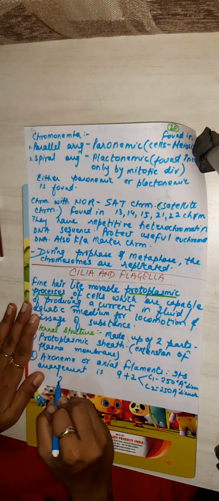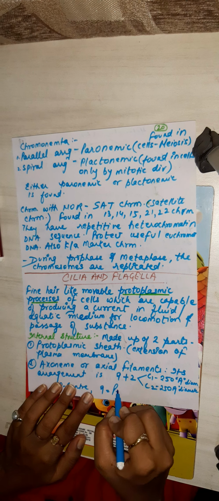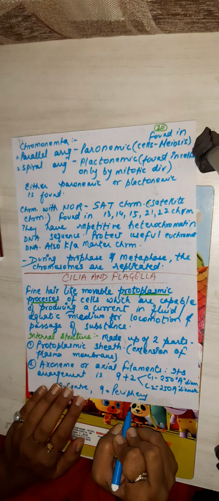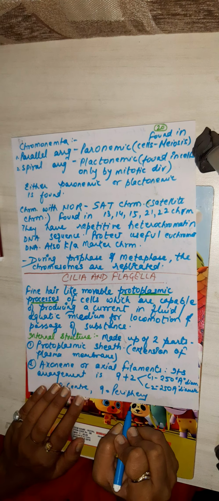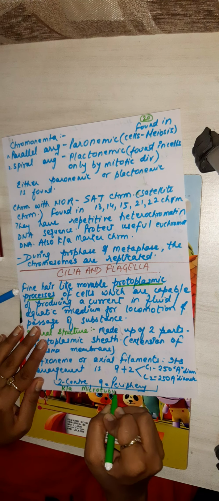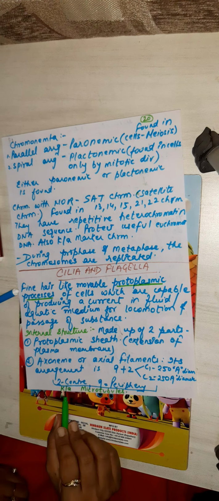Let me write 2 center में and 9 periphery. उसको हम लोग माइक्रोट्यूब्यूल्स कहते हैं, known as microtubules.